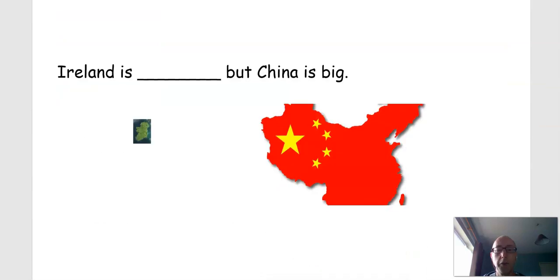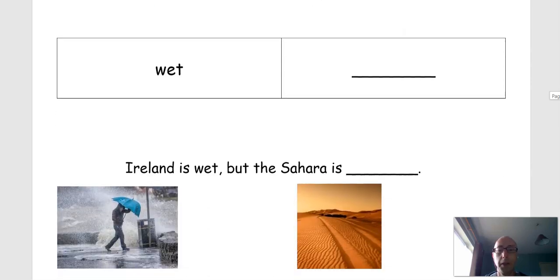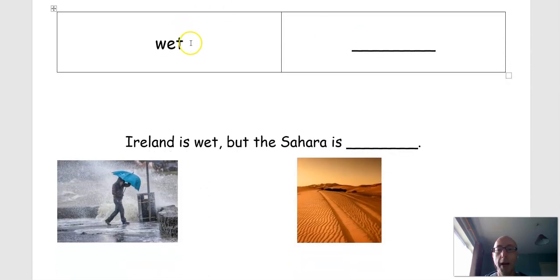Okay, so we have to finish the sentence here. This is an easy one to start. Ireland is, but China is big. So what's the opposite of big? That's easy. Small. How do we spell it? S-M-A-L-L. Good. Next one. What is the opposite of wet?